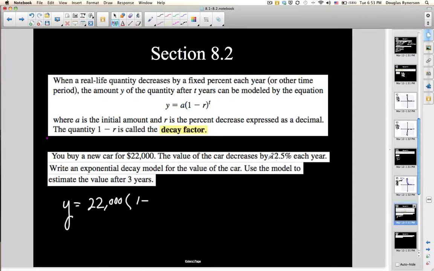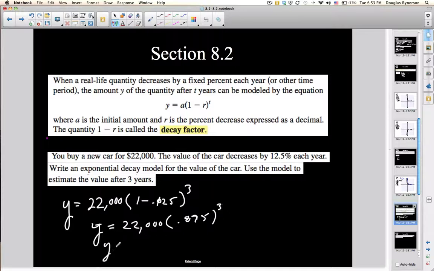The value of the car decreases by 12.5% each year, so 1 minus 0.125, to the t power. In this case, 3 years, time is 3. So y will be equal to 22,000 times 0.875 to the third power.